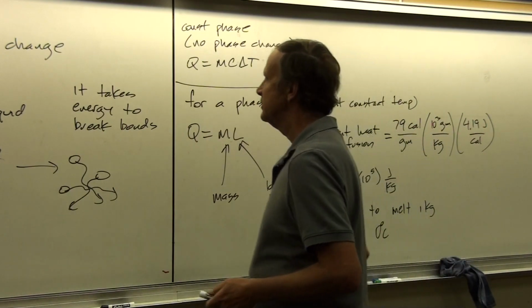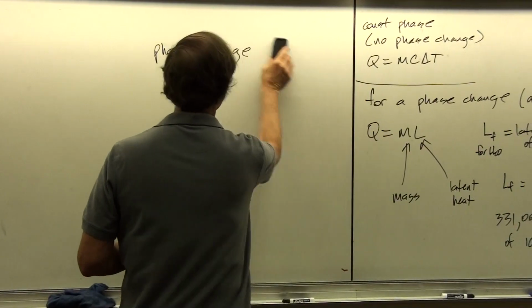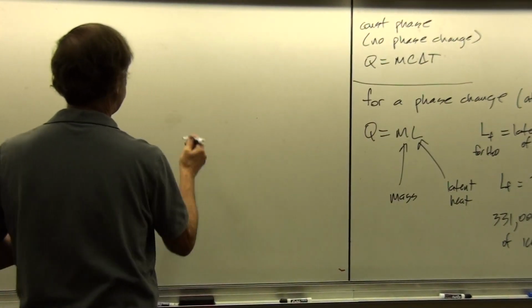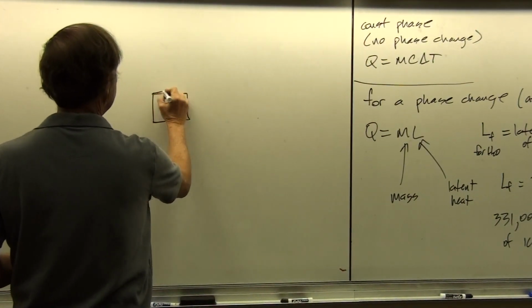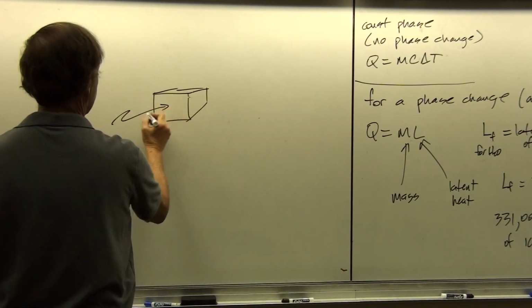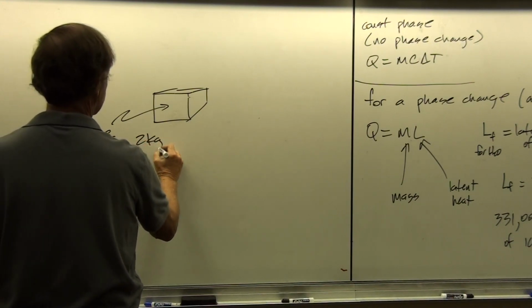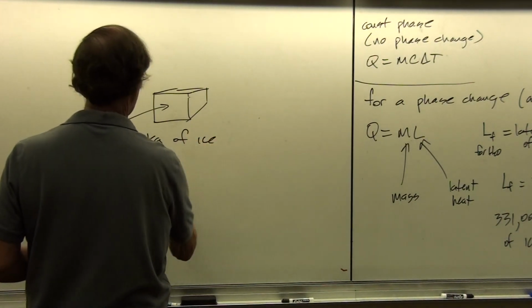So if I were to, let's say, have a piece of ice, let's say that this piece of ice is at 0 degrees centigrade and it's 2 kilograms of ice.